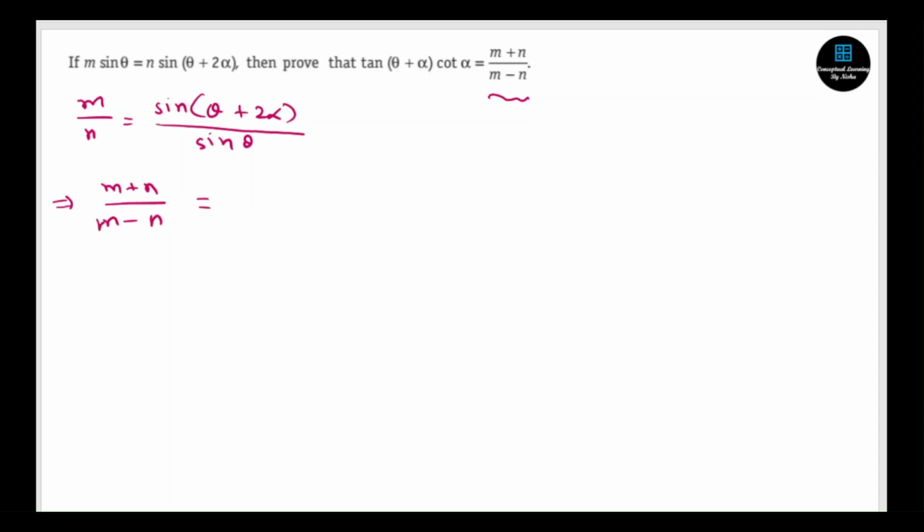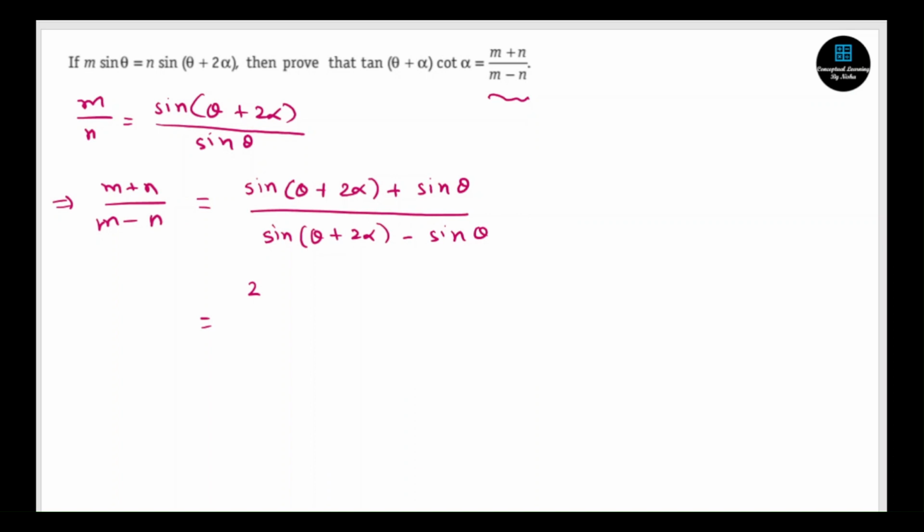I have applied the componendo dividendo rule, so I have to do the same thing on the right hand side. So I'll write this as sine theta plus 2 alpha plus sine theta upon sine theta plus 2 alpha minus sine theta.